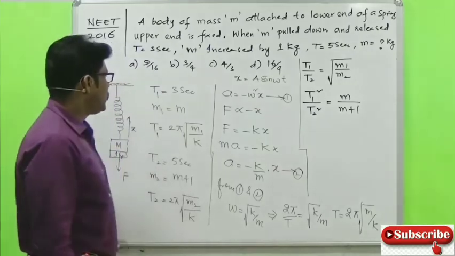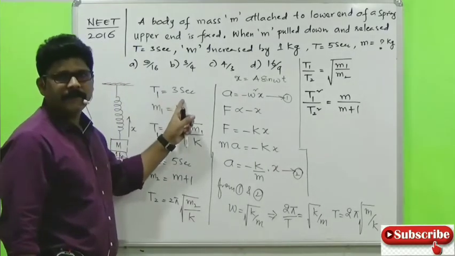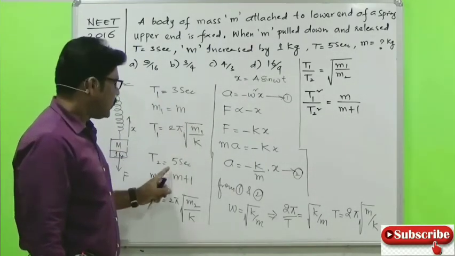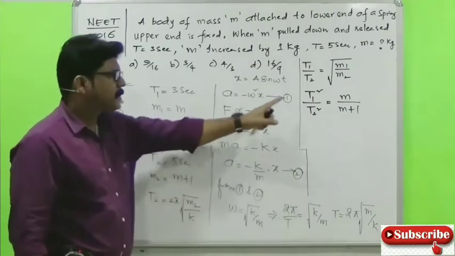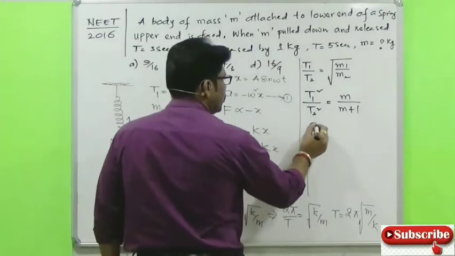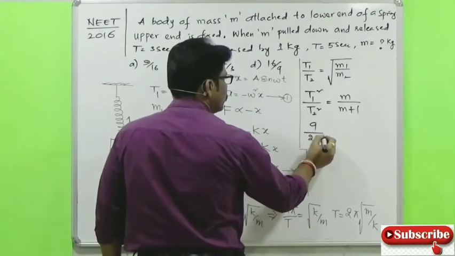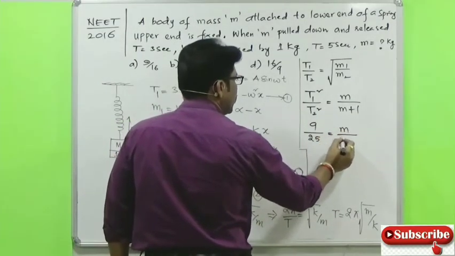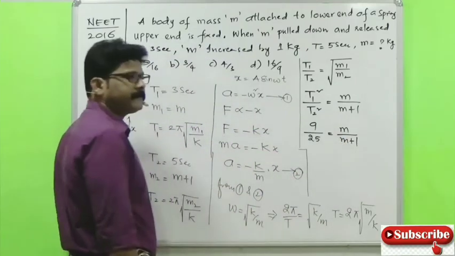Now t1 is 3 seconds, t2 is 5 seconds. Take these and substitute here. What happens? 9 by 25 equals m by m plus 1. Right.